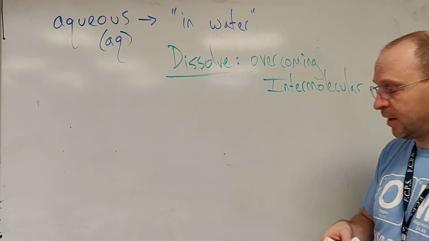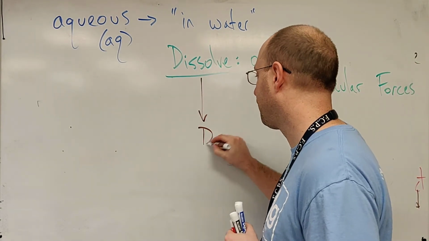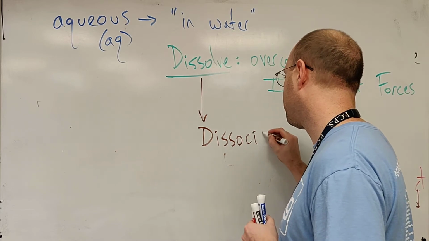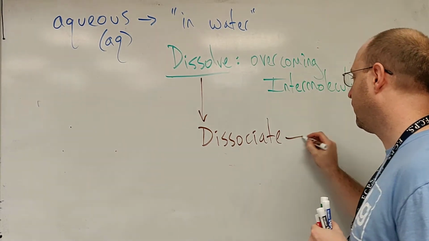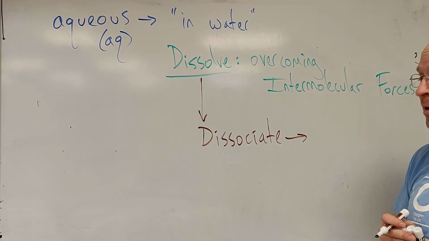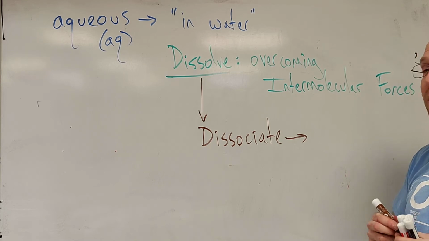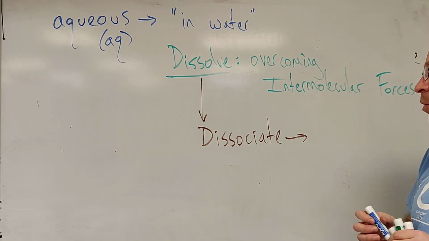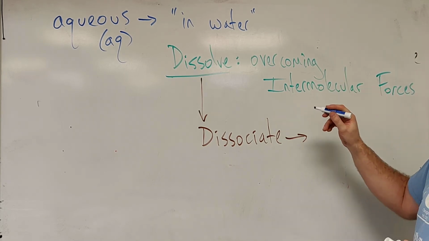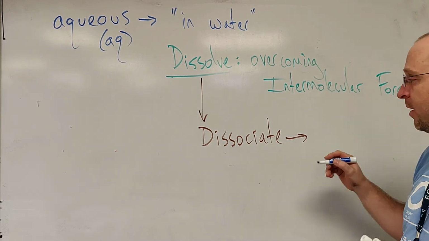And then there's a subcategory of dissolving that we would say is to dissociate. And I think it's pretty straightforward to look at that word and say, associate, which means to make some connection to something. So to dissociate is to separate, right? And specifically, we're overcoming ionic forces, which are intermolecular, and we're turning those ionic compounds into ions.